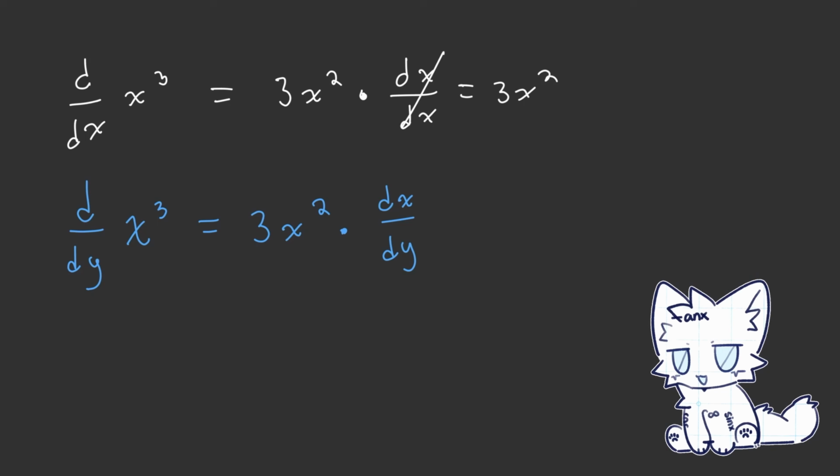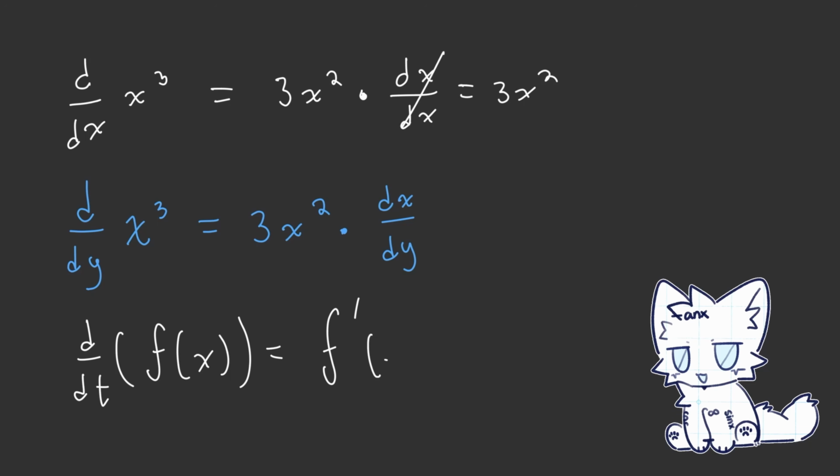If you apply, let's say, the derivative with respect to t of f of x, this would be the derivative of the outside multiplied by the derivative of the inside.